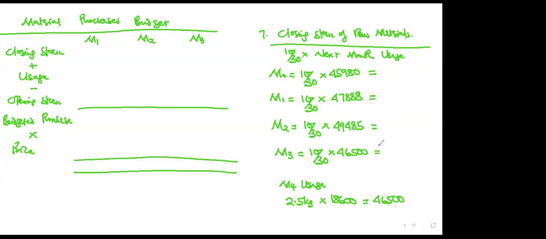Okay, with month 3, 15,327 for this, 15,963 for this, and 16,495.